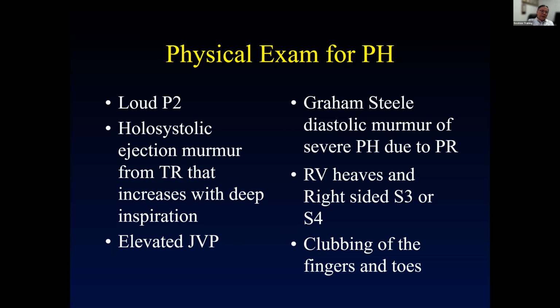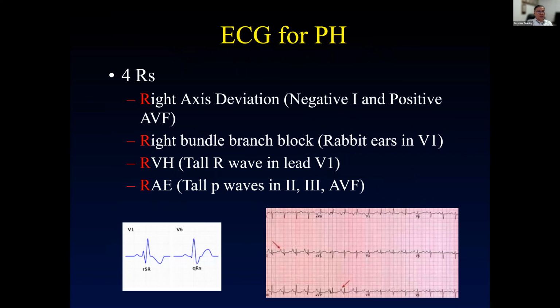If you put your hand on the chest, you could feel the RV heave from the dilated, hypertrophied right ventricle, and oftentimes you would hear an S3 or S4 gallop from the right heart. If you look at the fingers, you might see clubbing, which is a sign of some kind of congenital heart disease, which can also give rise to pulmonary hypertension.